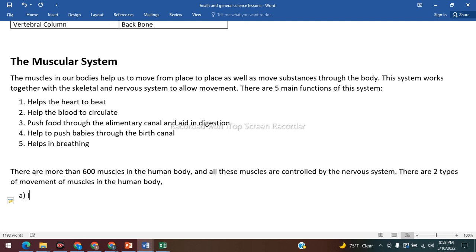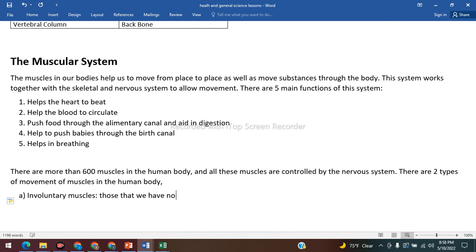So the involuntary muscles. Those are the ones you cannot consciously control, right? Like breathing, your heart beating. The muscles in your heart you cannot control. The muscles in your digestive system you cannot control.